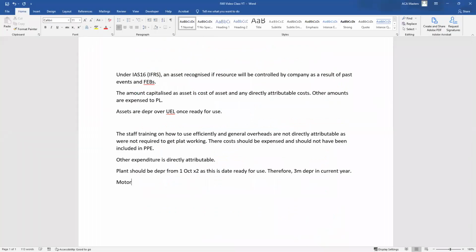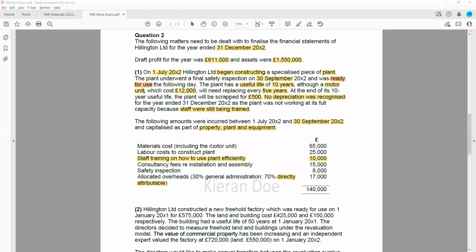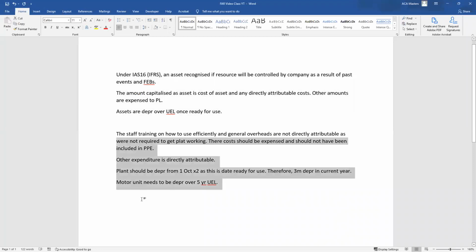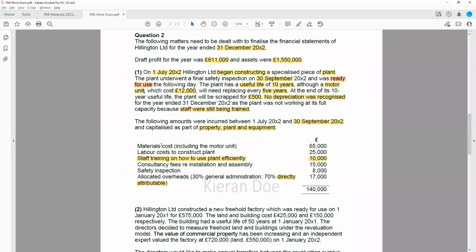So we can say, motor unit needs to be depreciated over its 5-year useful economic life, whereas the plant will be depreciated over 10 years. And we don't always have to have every kind of technical point. You could just start putting these in now, particularly when we think we're doing really well here. So we're probably getting lots and lots of marks, and there's usually more available marks and maximum marks in these types of question.